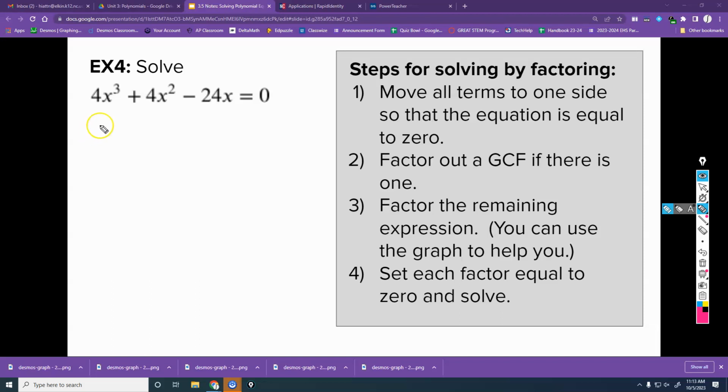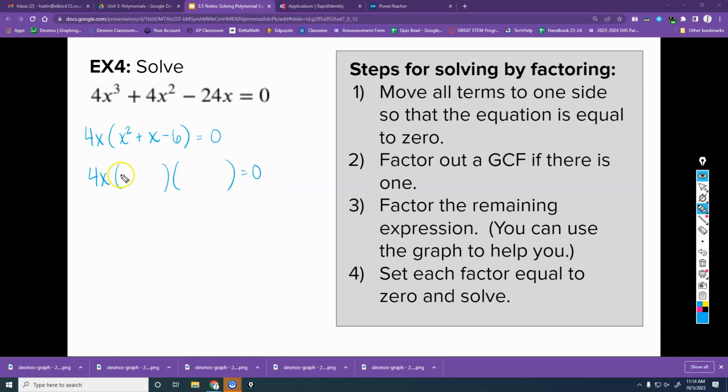4x times, I'll have x squared plus x minus 6 equals 0. Okay? Now, I want to try to factor this part.